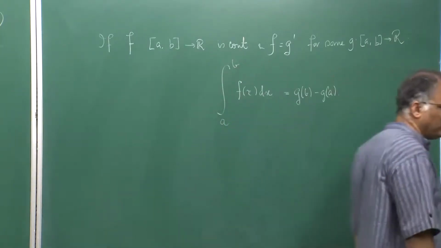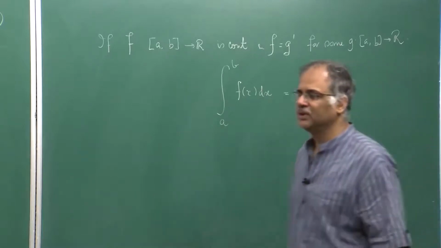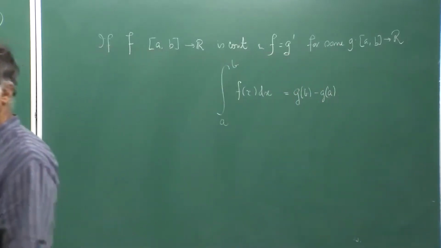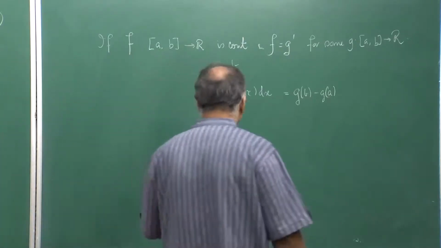So, you might be wondering how to prove this. Is the function g the function which is F? No, that is something one has to be very careful of. G is not the F function. There, capital F and g should differ by some constant.